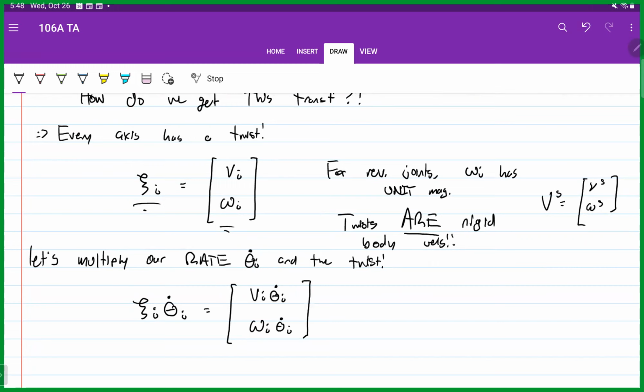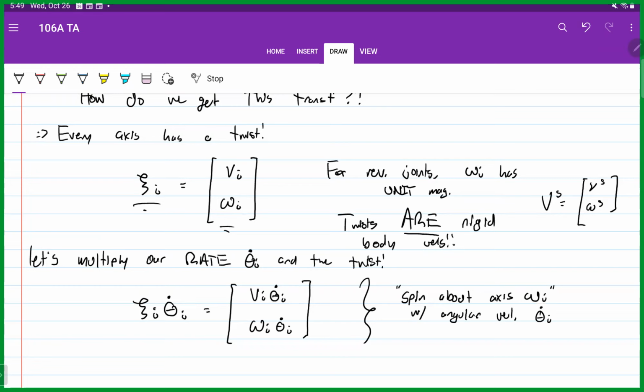Okay, so now what we have is we're spinning about this axis omega I, right? But we actually have this velocity associated with it, this correct angular speed theta dot I. So now we spin about our axis omega I with angular velocity theta I dot.